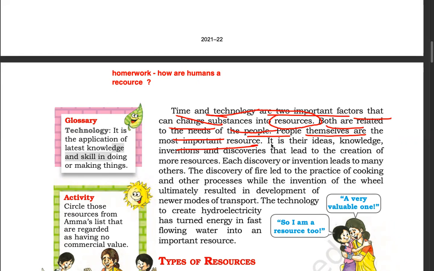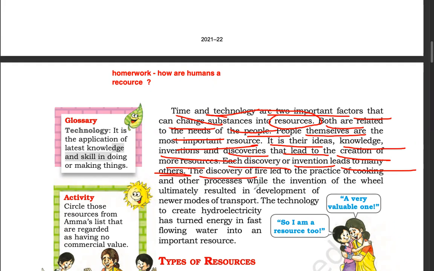It is their ideas, knowledge, inventions, and discoveries that lead to the creation of more resources. Each discovery or invention leads to many others.